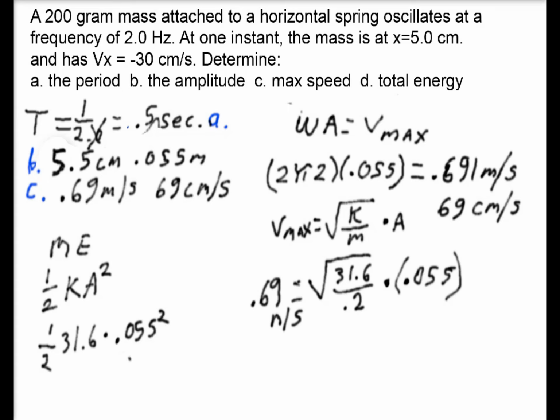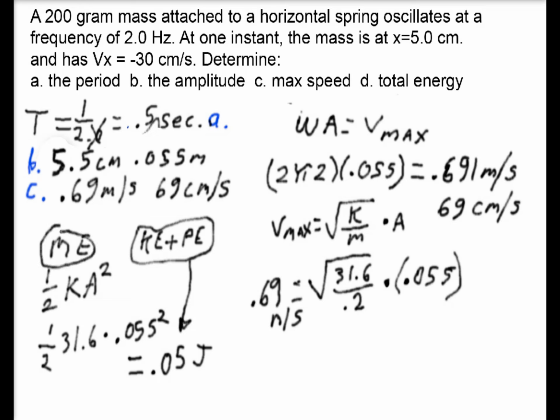Multiply these together and you will get 0.048 joules. You could also go the long route and plug in the numbers for kinetic plus potential energy, and you'll get the same thing. But to make it easier, just use 1/2 spring constant times the amplitude squared. And this is part D.